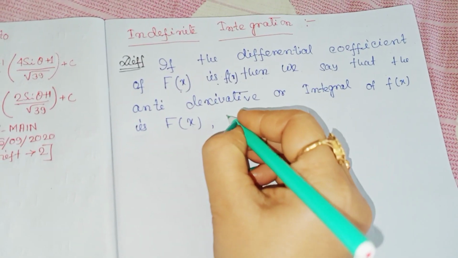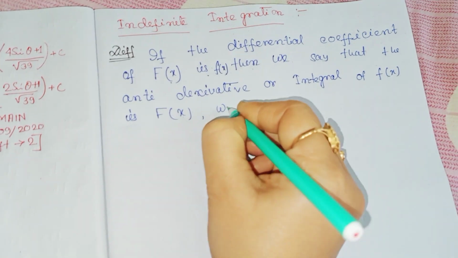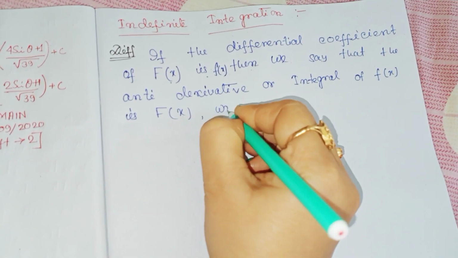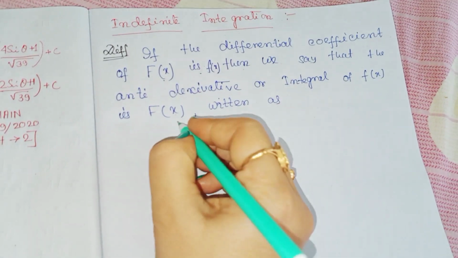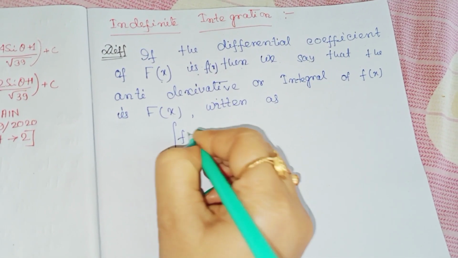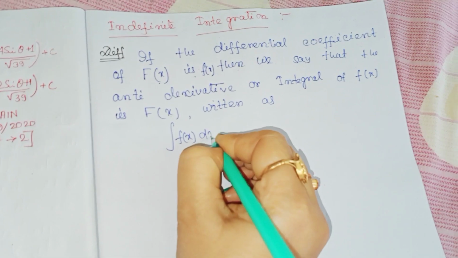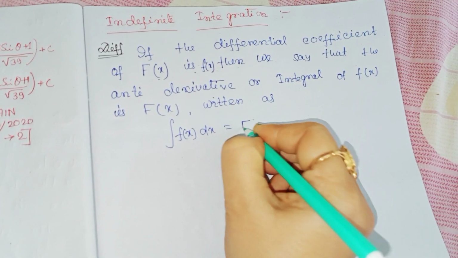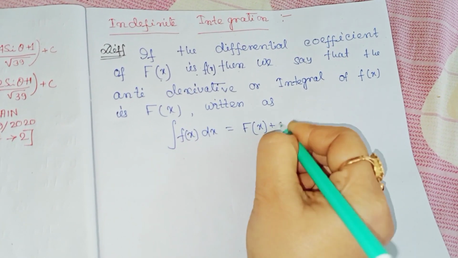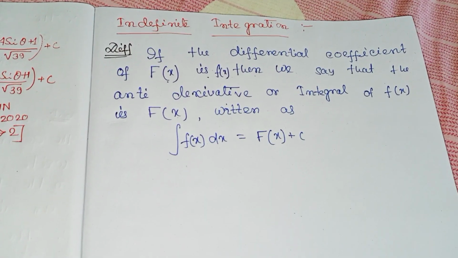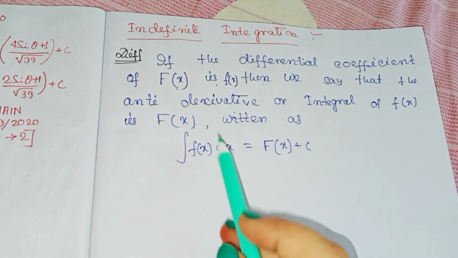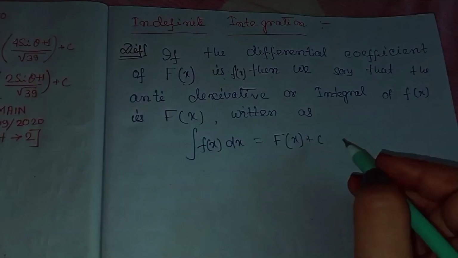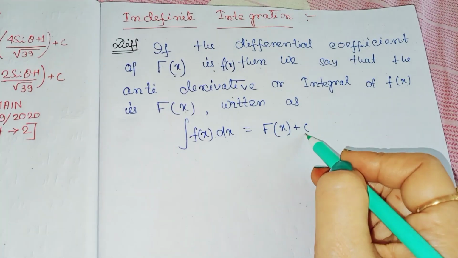We can write this as integration f of x dx is equal to capital Fx plus c. So in short, we may say integration is the reverse process of differentiation but with some constant.